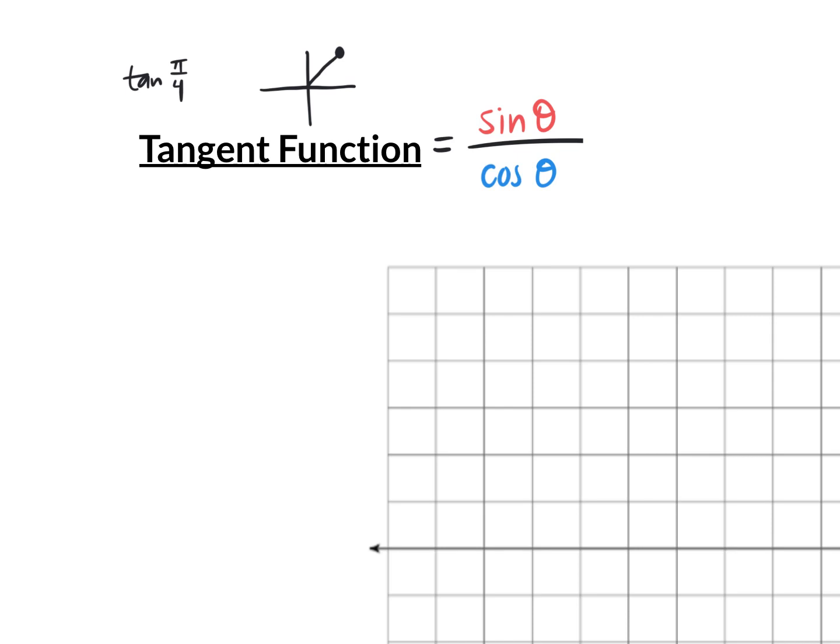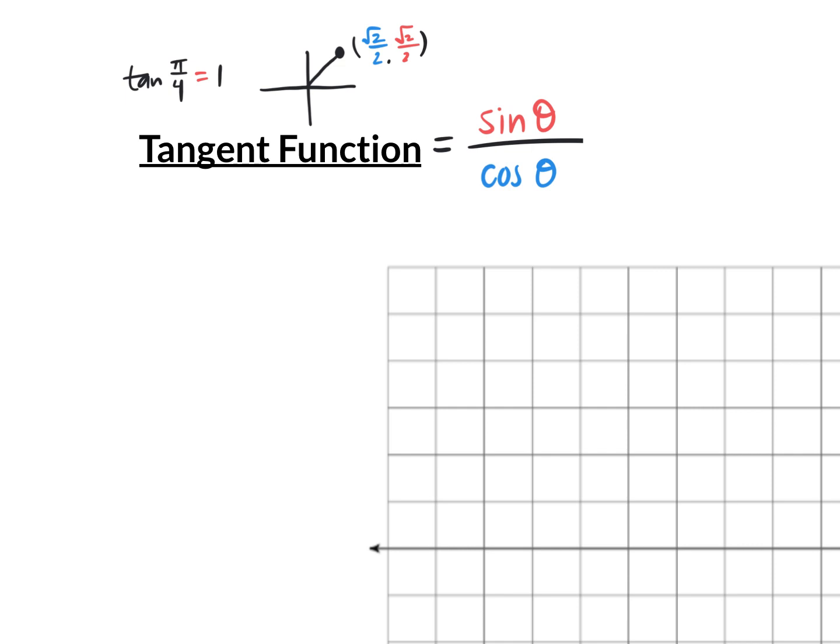If we remember the coordinate of that point, it is the square root of 2 over 2, comma, the square root of 2 over 2, right? So if I'm finding the tangent of pi over 4, I'm taking the y value and dividing by the x value. So I end up getting 1. So the tangent of pi over 4 is equal to 1.